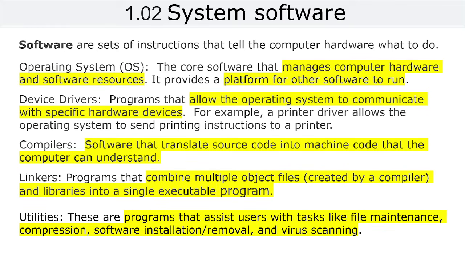The utility software assists us with performing tasks like file maintenance, compression of files, and software installation and removal. So if you have any software that you want to install or remove, it is utility software that takes care of that. And then we have antivirus or virus scanning software as well. They all fall under the utility software.